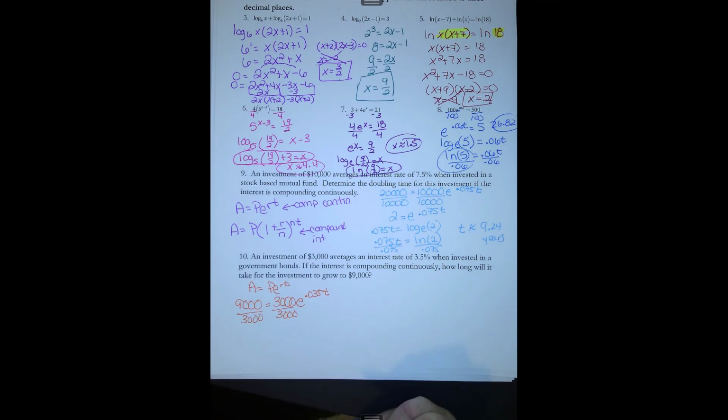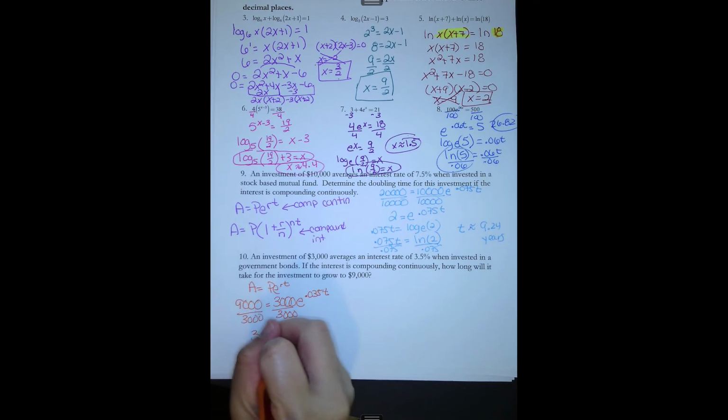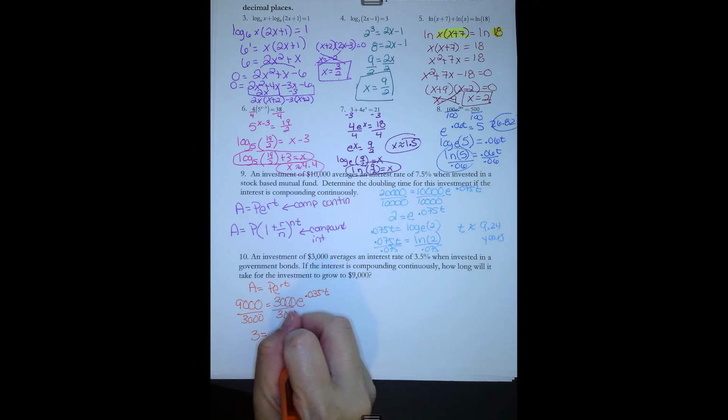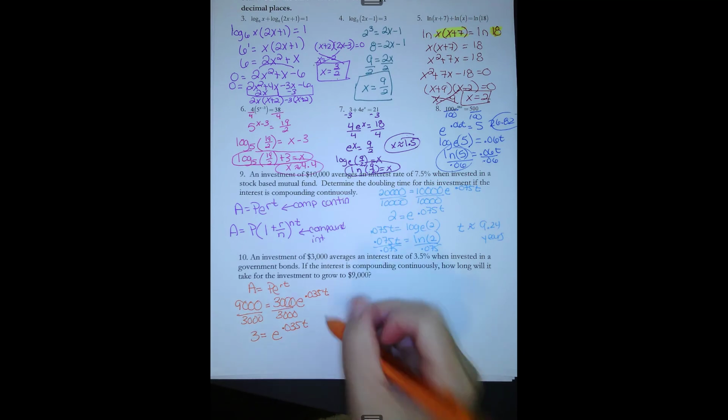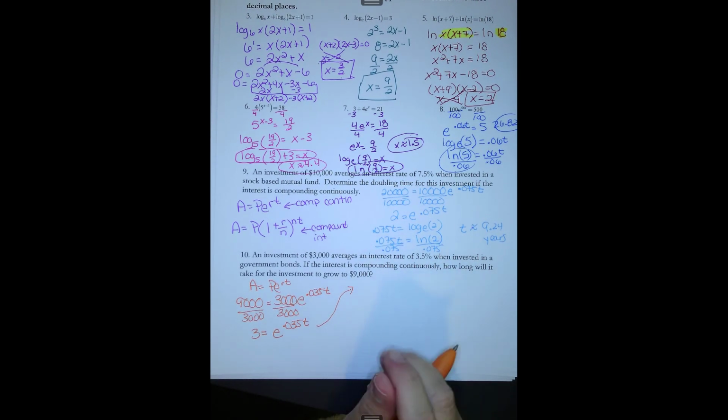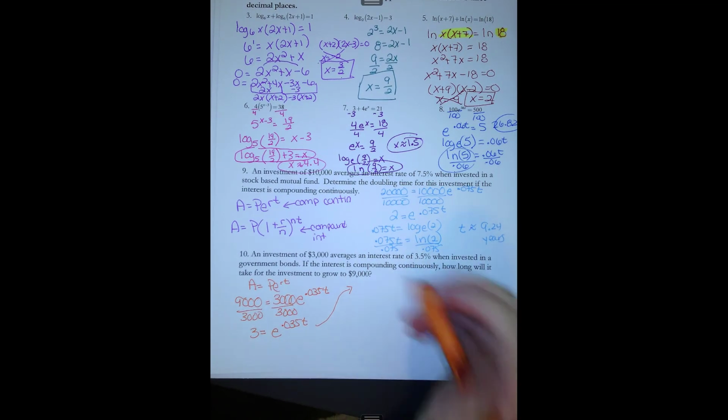And now we're going to solve our exponential equation. Divide both sides by 3,000. So we have 3 equals e to the 0.035t. And we're going to change this to a logarithm again.